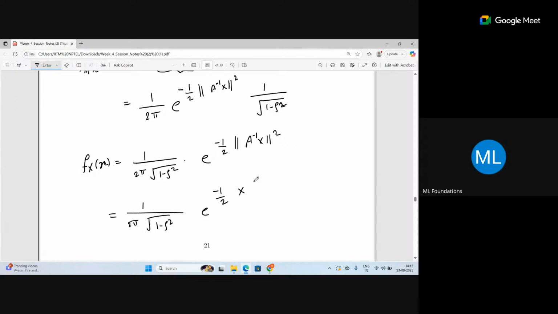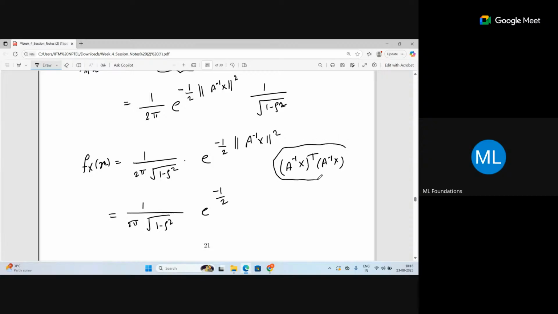So I'll write down here: A inverse of x transpose times A inverse of x, right? And if I further simplify it, it will be x transpose, A inverse transpose, A inverse x. Yes, correct. So I'm putting this here without explicitly writing the steps.